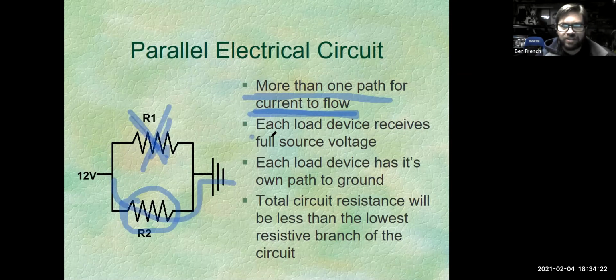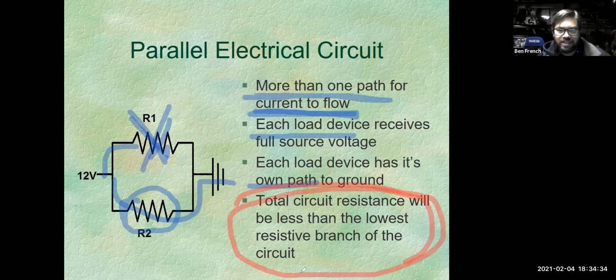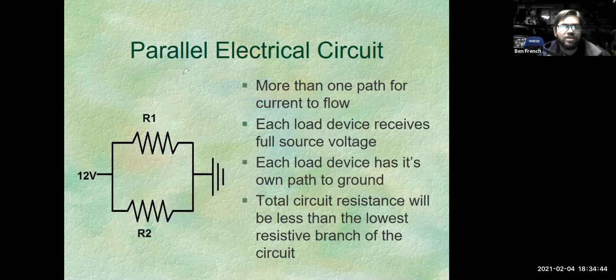That means that each device receives full source voltage. It has its own path to ground. And here is the kicker. This is the real brain teaser part. Total circuit resistance is less than the lowest resistive branch. That's huge. And that's what usually blows up everybody's heads.